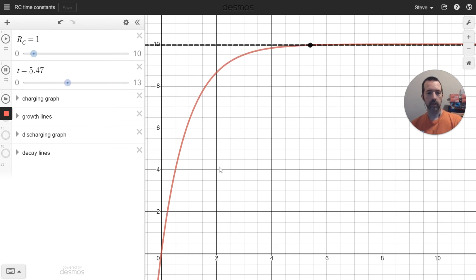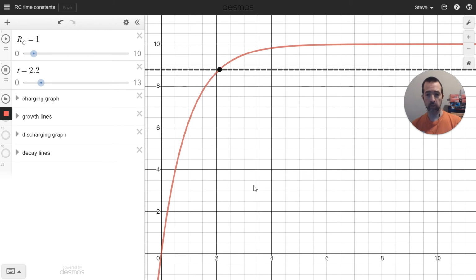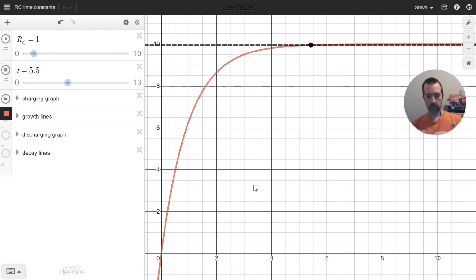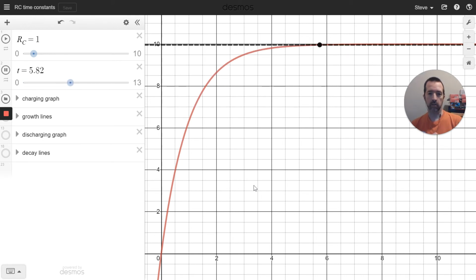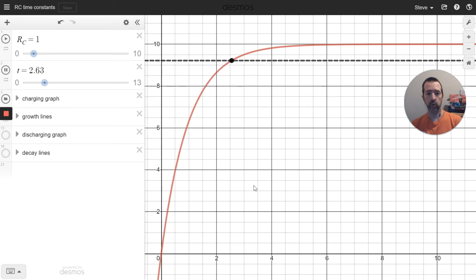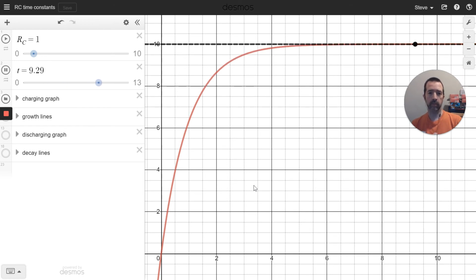So you can see that as the animation plays and the little dot traces through the curve, it's moving very quickly at the beginning. That's because the rate of change is big at the beginning. And it gets slower and slower with its vertical motion, with the growth. The growth gets slower and slower as it approaches the maximum value that I set to be 10.